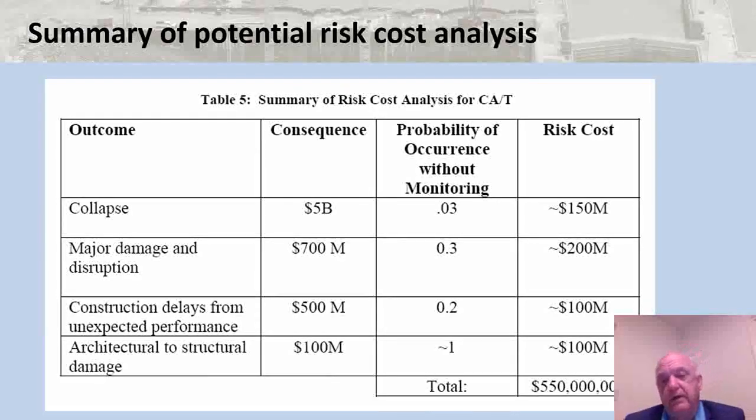And we came up with about $500 million of potential risk to this project should something go wrong in the subsurface activities that impacted these buildings.